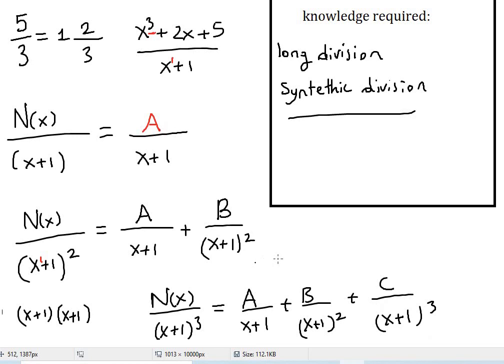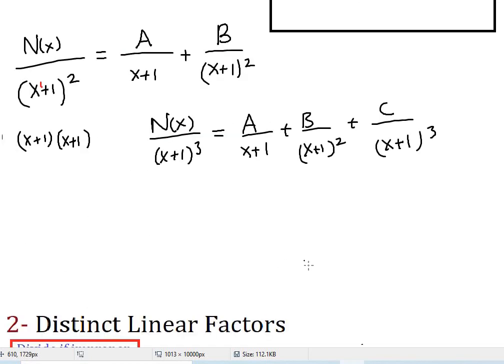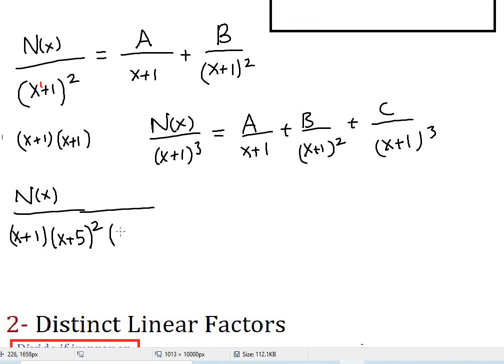So this is still a linear denominator or linear factors. If we have, let's say, x plus 1, x plus 5 to the second, and let's say x squared plus 5.